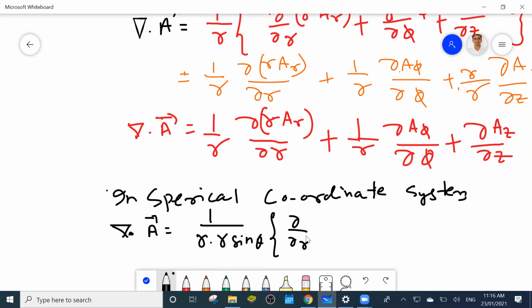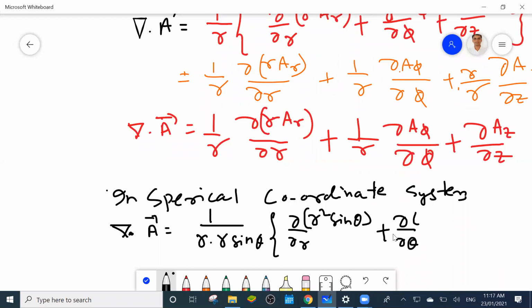Del R. What is the value of H2 and H3? R and R sin theta. R into R sin theta, I can write R square sin theta. Yes or no? Plus, what I can write, del by del theta.